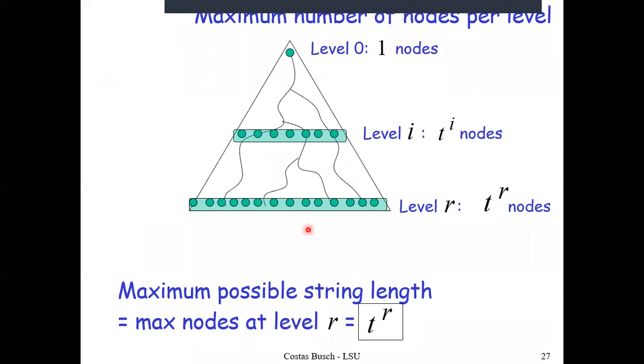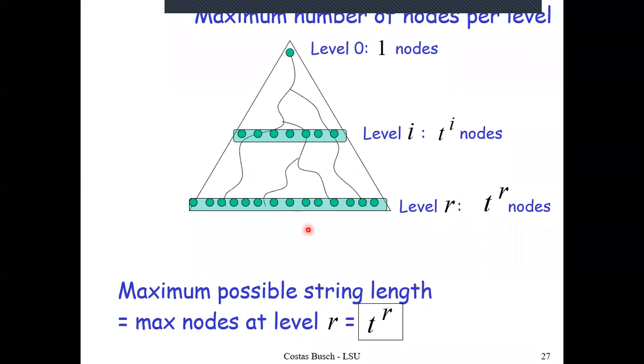If I say that the height of the parse tree of some string of that grammar is 1, all you would say is that the maximum length of that string can be t. It cannot be greater than t.